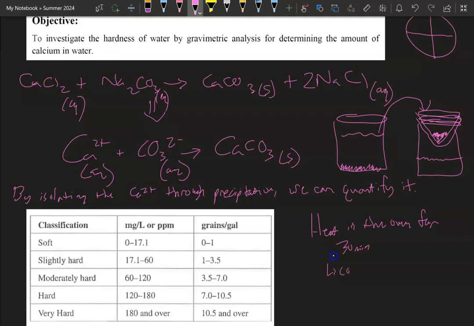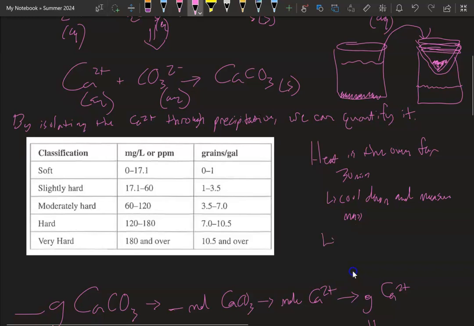You're then going to cool it down and measure the mass. Once you've done that, you'll write it down. Then you'll heat it for 15 minutes more, and again you'll cool it down and measure the mass.